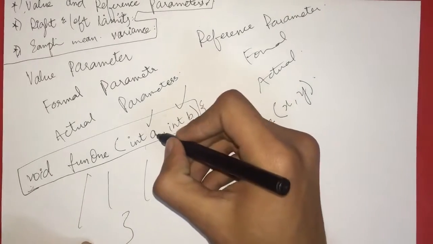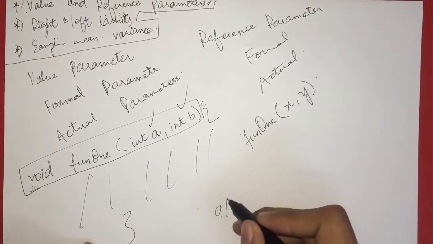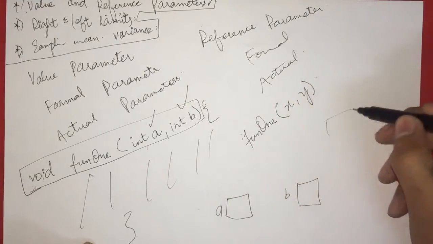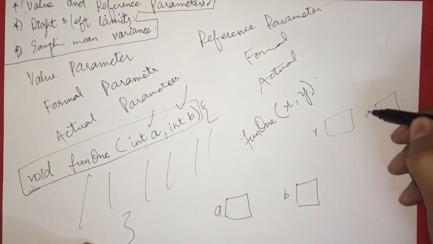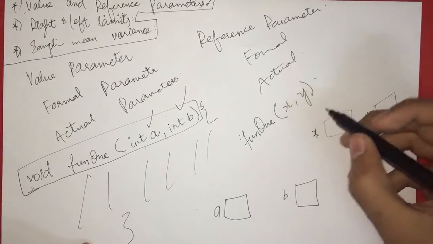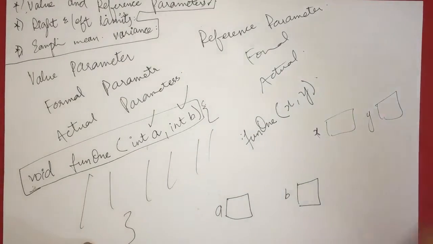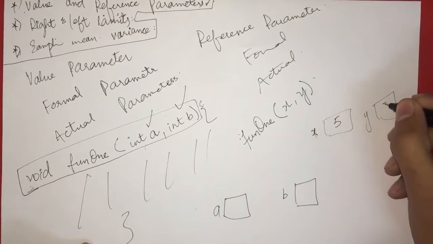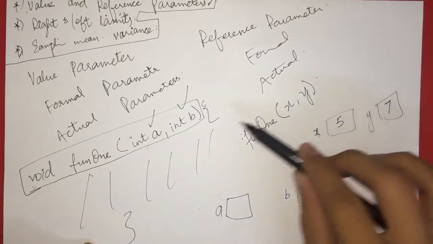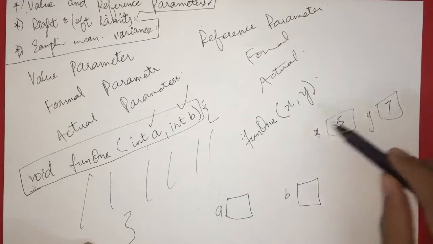That means that in the RAM of the computer, a will have a separate memory space and b will have a separate memory space, and x and y already have their own separate memory spaces. So for example, x is of type integer, and you insert 5 here and 7 with y. Each corresponding formal parameter will have a copy of your actual parameters.